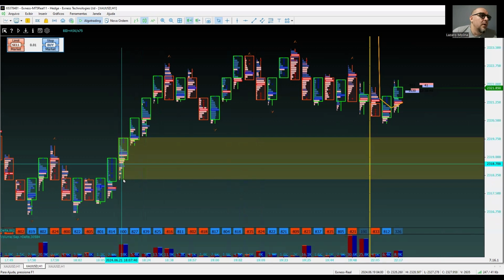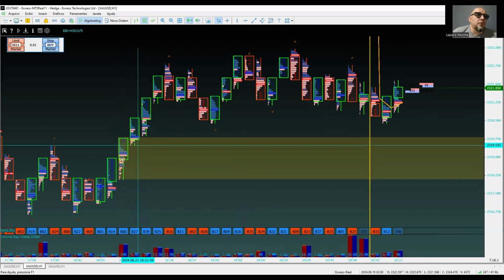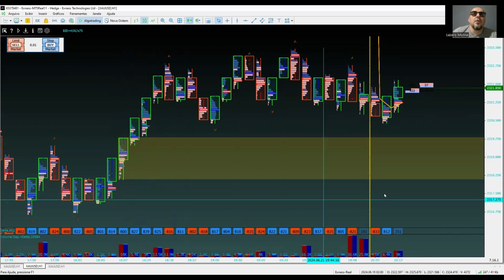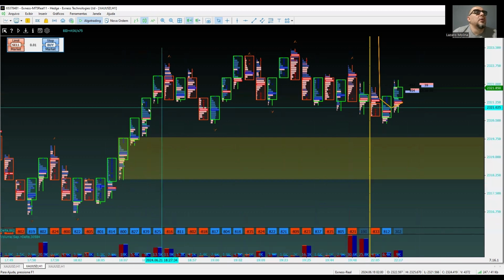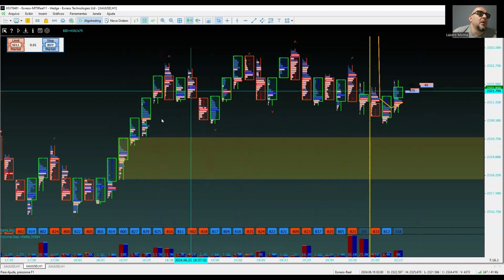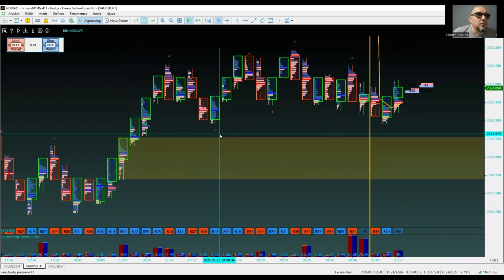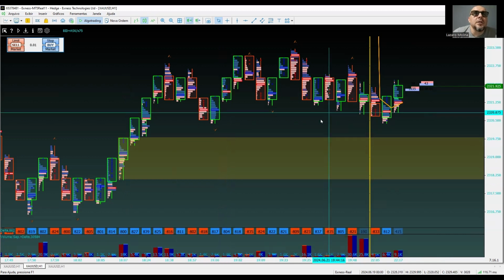So I know below this price, there is no interest in negotiation here. So I will find some trade above this level of price, okay? It's simple to understand.